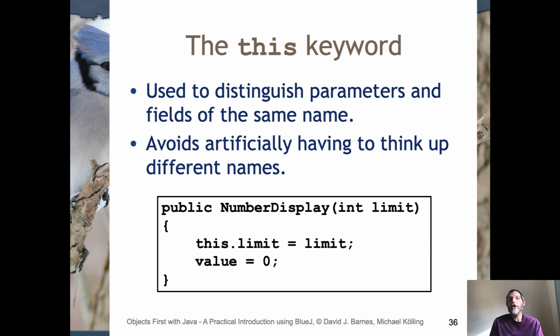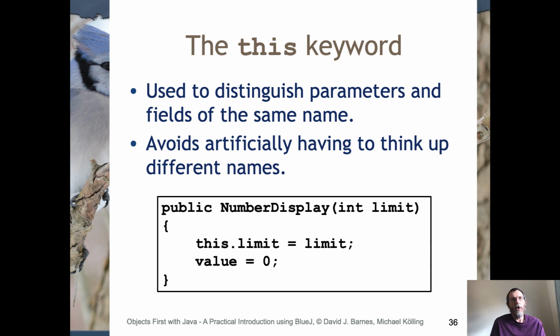The most common circumstance in which you see this being used is inside the body of a constructor or a method, where defined inside the class there's a field of a particular name, and it so happens that the constructor or the method has a parameter of the same name.